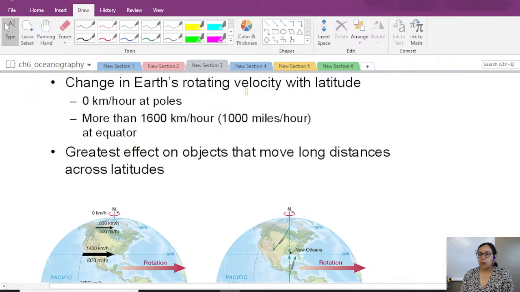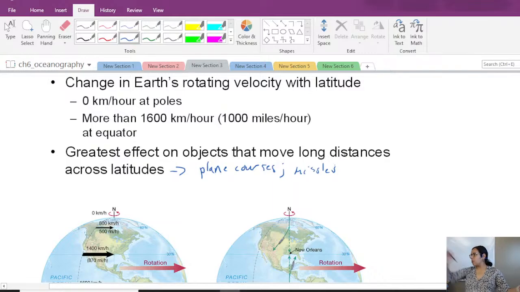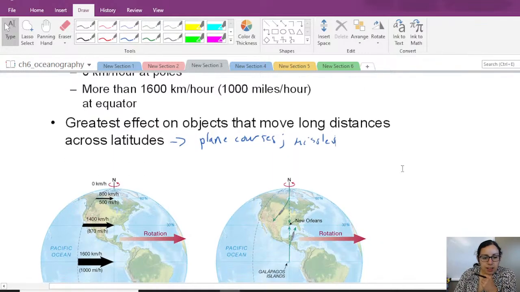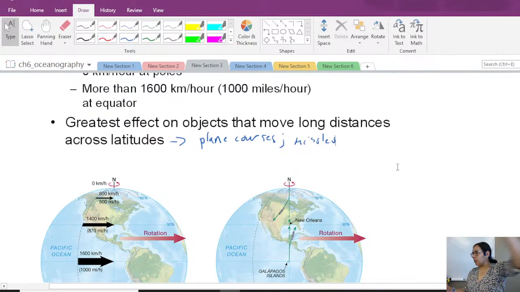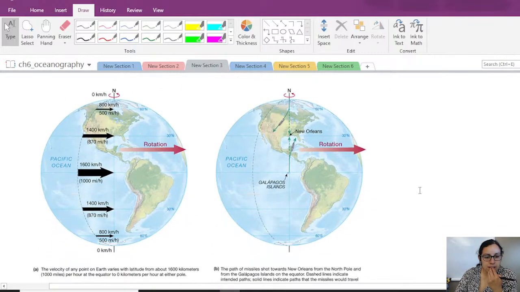That's why the two big uses for this would be plane courses and missiles, things that need to travel long distances over the Earth. They're traveling above the Earth, so they're moving differently relative to the Earth's rotation.